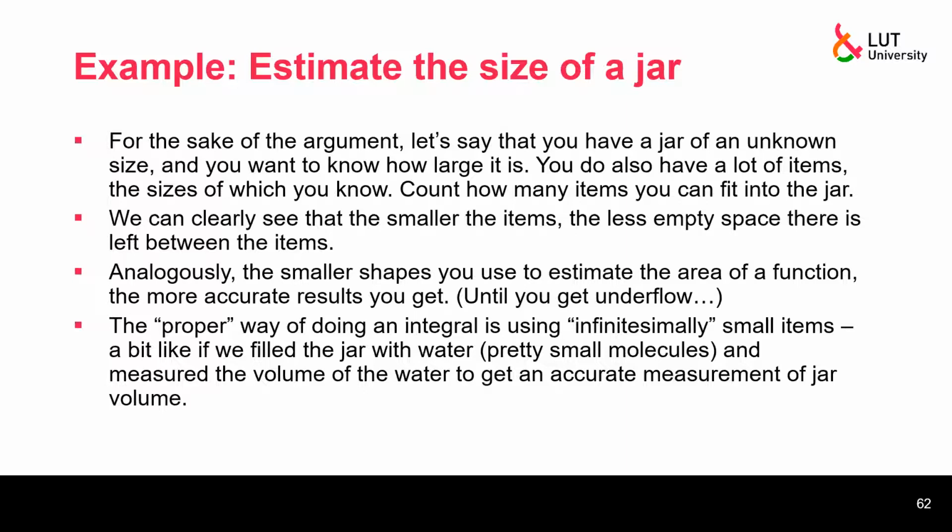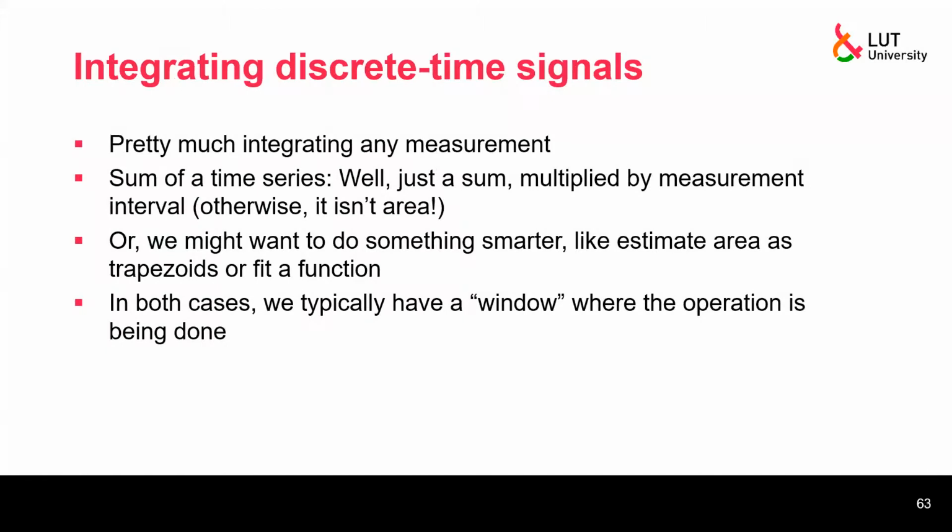And yeah, discrete time signals, pretty much any kind of measurement you may have, you are getting just some points of the function, usually with some measurement error as well. The simple way is that we take the rectangular integral. We just assume that the function stays constant between measurement points, and then just count the areas of these rectangles.